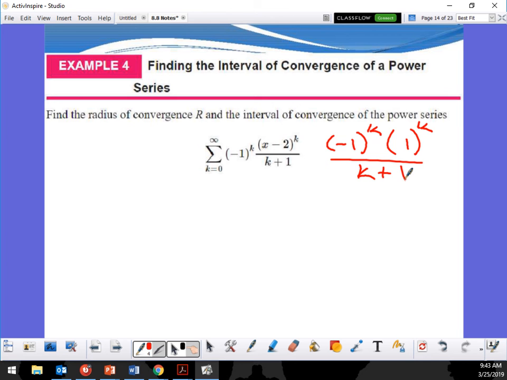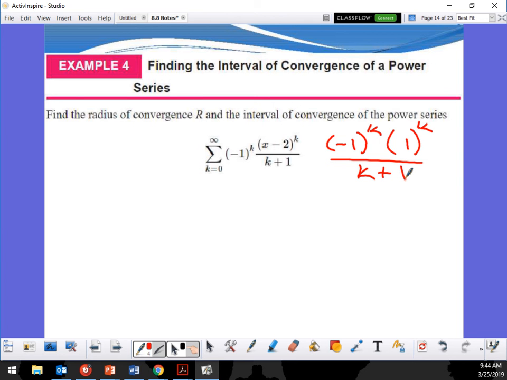And what's going to happen to this one now? It's alternating, isn't it? Now it's alternating 1 over k. If it's the alternating harmonic series, that one's convergent. That one's going to converge.